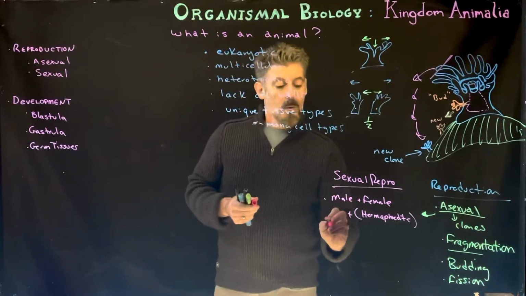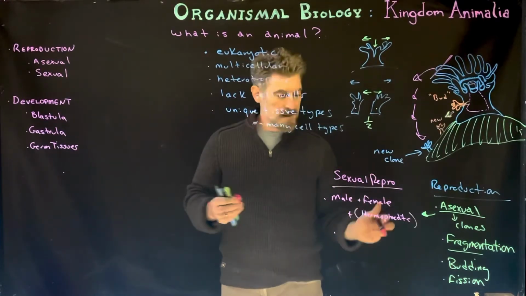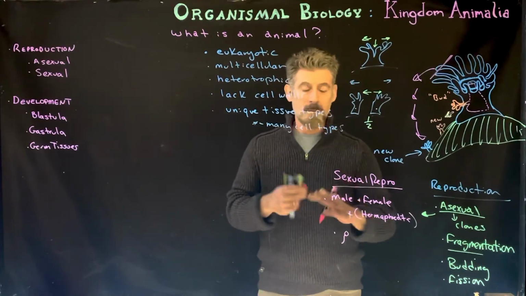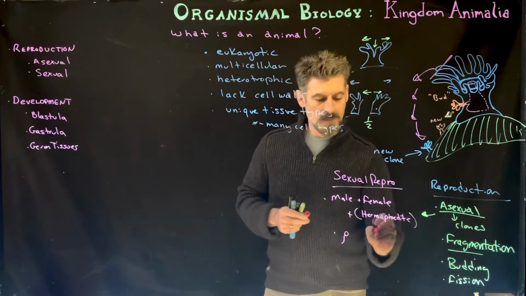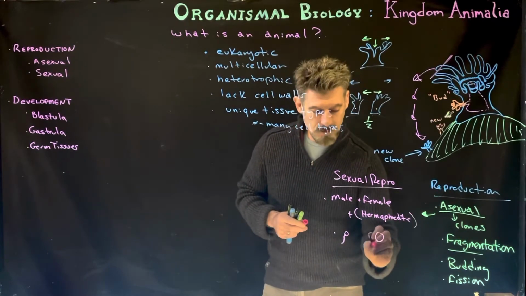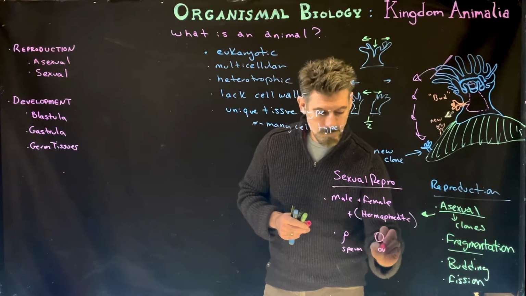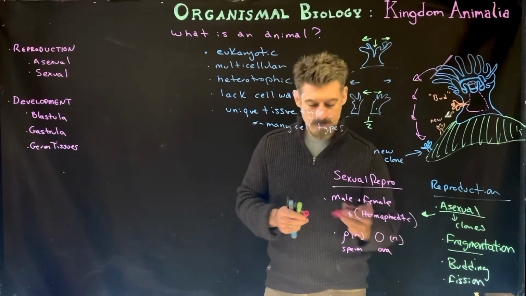So, what is common among all these different sorts of things that do all these things in different ways? Well, generally the males will produce sperm, and that's going to be fairly uniform and the same type of structures among all different sorts of animals, and the females produce an ova or an unfertilized egg. And they're both going to be haploid structures.